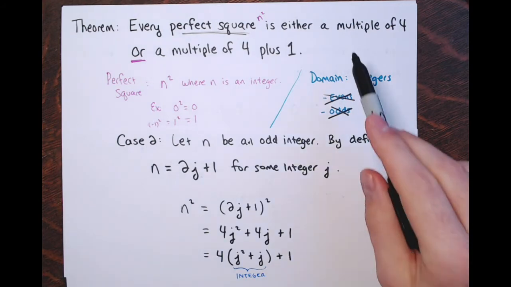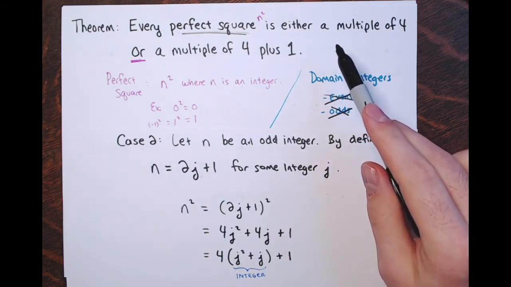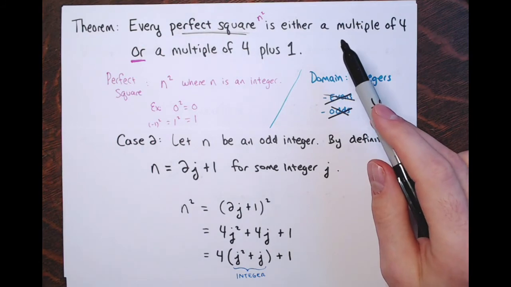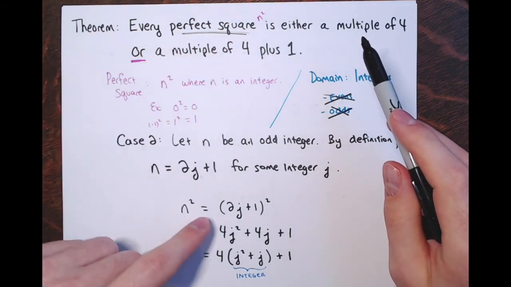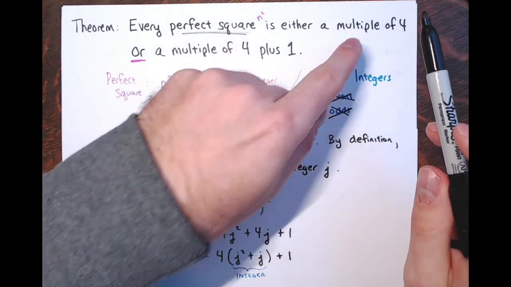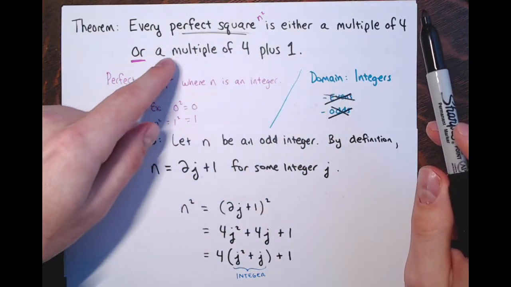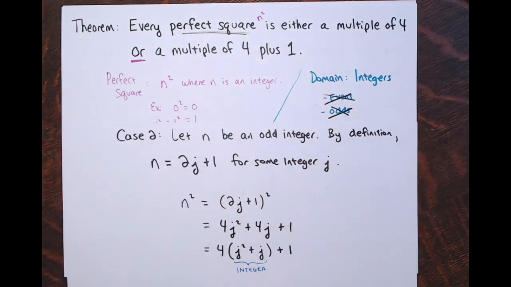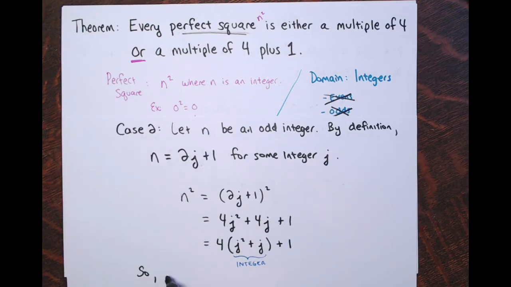So this statement is again satisfied. The perfect squares when the number being squared is odd will not be a multiple of 4, but it will satisfy the other part of the or, the multiple of 4 plus 1. So in this case, n squared is a multiple of 4 plus 1.